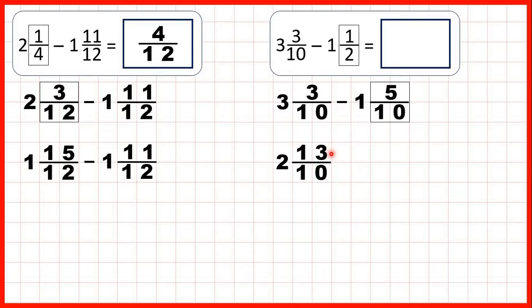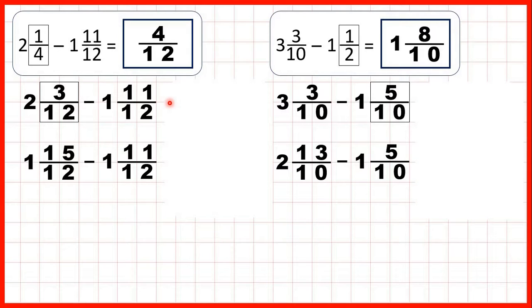So 2 and 13/10 is the same as 3 and 3/10, but now we can subtract 1 and 5/10. 13/10 minus 5/10 is 8/10, and 2 minus 1 is 1, so our answer is 1 and 8/10. Now let's show fraction bars to see what we did.